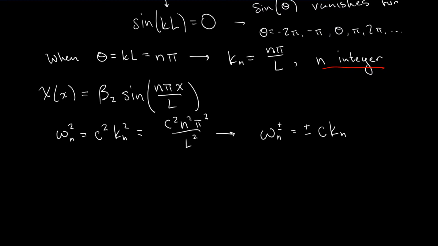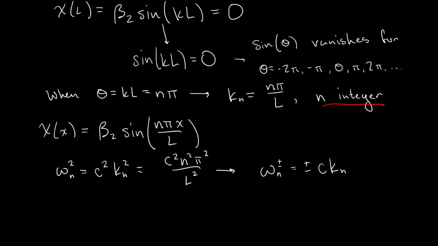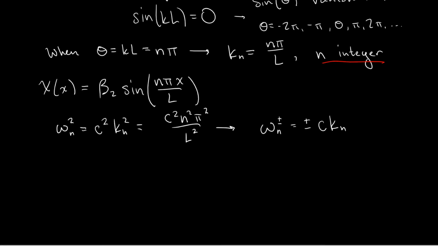Now, remember what we were talking about last time: at the end of the day, we want to take all of these possible solutions for the wave numbers and frequencies, and add them all up. So in principle, we should be adding up both of the omegas for any given k.